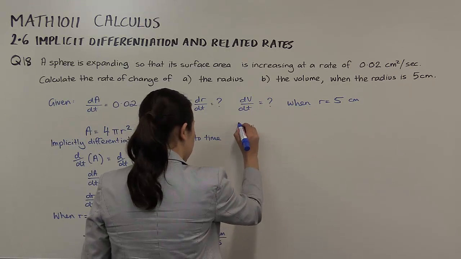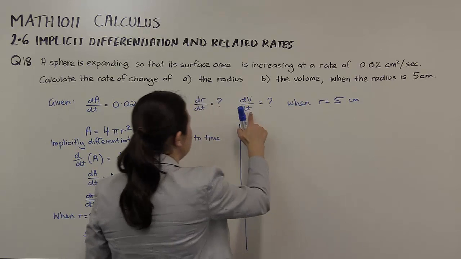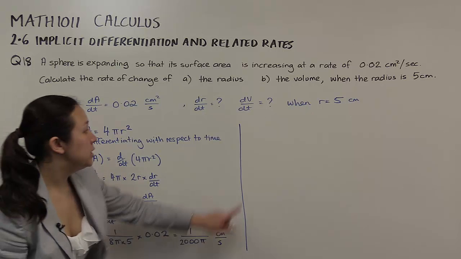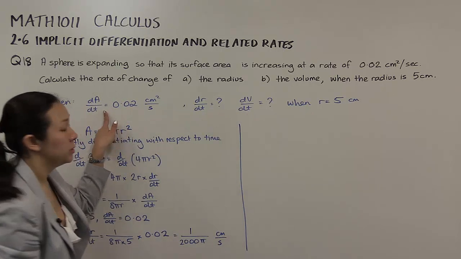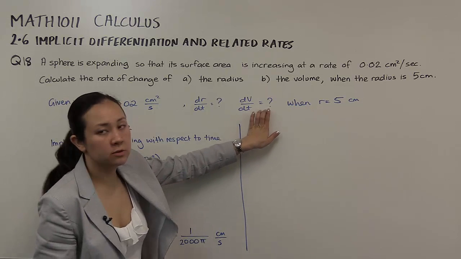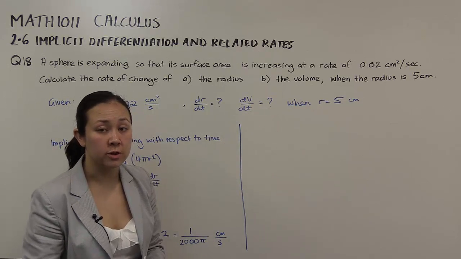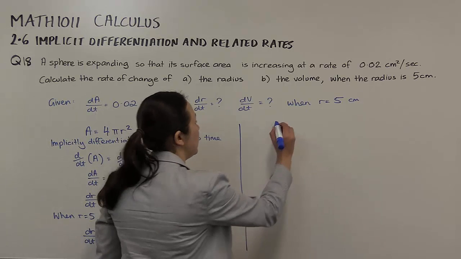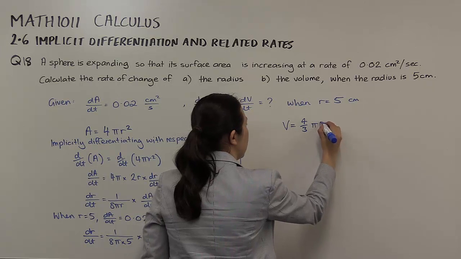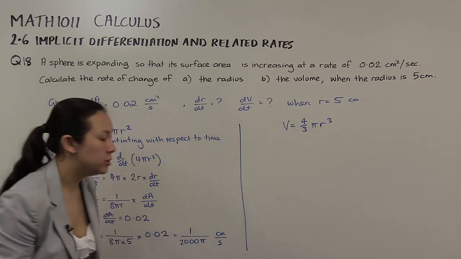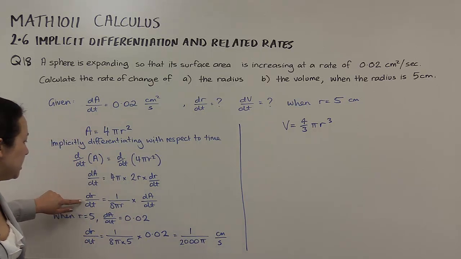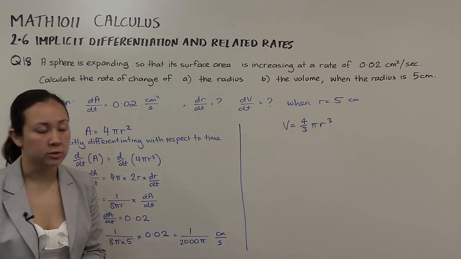Now, we wish to find dV/dt. We don't really have, just off the top of our head, an equation relating volume with the surface area of a sphere, but we do have an equation that tells us the volume in terms of the radius of a sphere, and that is, the volume is 4/3 times pi r cubed. So we could find dV/dt in terms of dr/dt, and given we've got dr/dt here, that will serve our purposes.